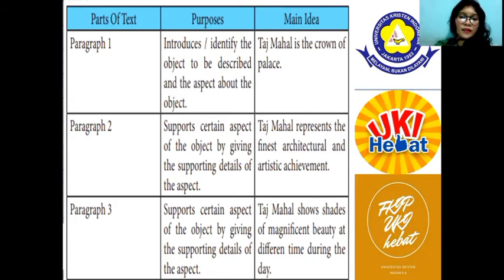The second paragraph is the supporting description: Taj Mahal represents finesse, architectural, and artistic achievement. And the third paragraph: Taj Mahal shows shades of magnificent beauty at different times during the day.